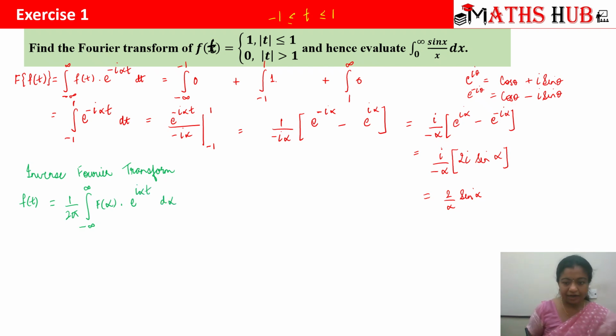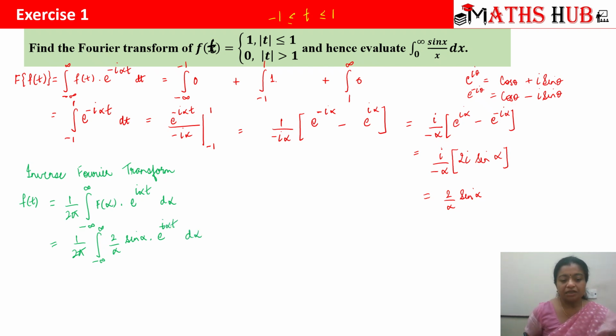Right? Let us put the values in this. This is 1 by 2 pi, integral from minus infinity to infinity. F of alpha is coming out to be 2 by alpha sin alpha, e power i alpha t d alpha. Right?